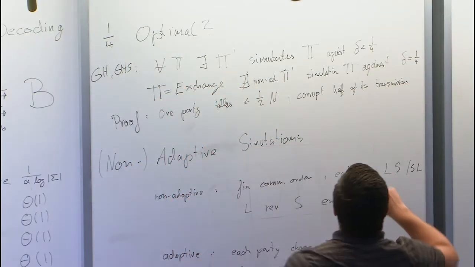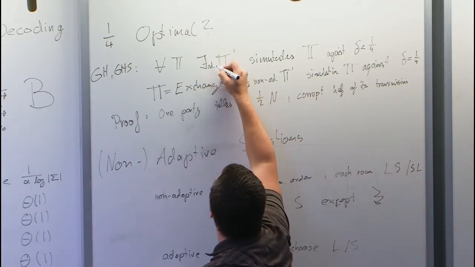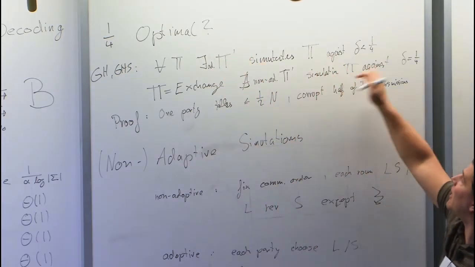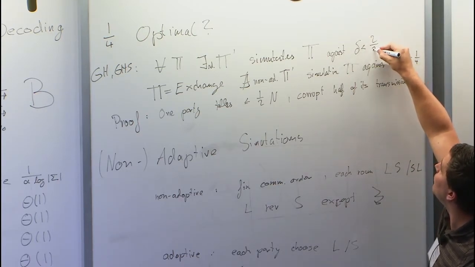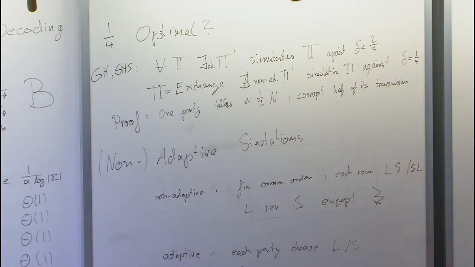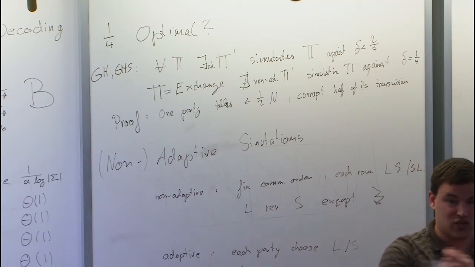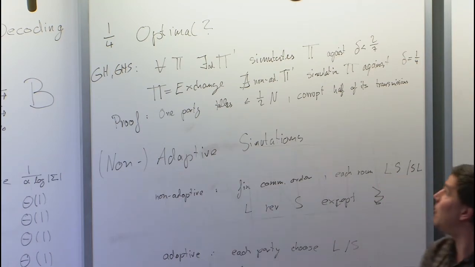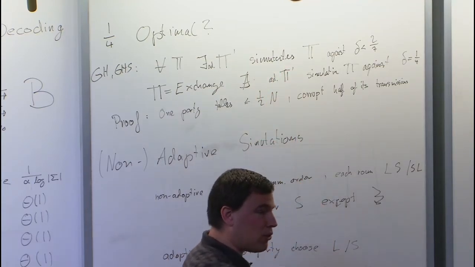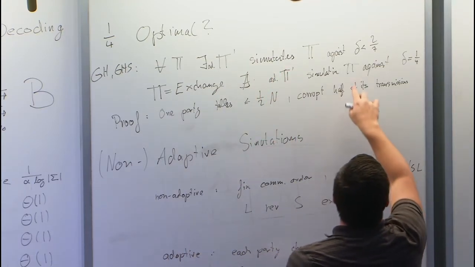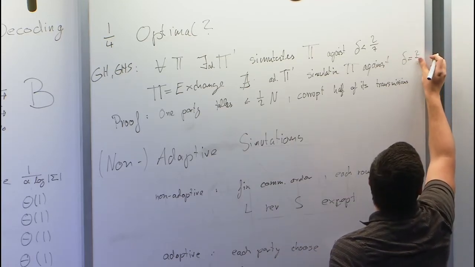For every protocol pi, there exists an adaptive pi prime, which simulates pi against any error rate smaller than 2/7. On the other hand, for the simple exchange protocol, I claim no protocol whatsoever, adaptive or non-adaptive, can simulate the exchange protocol with an error rate of exactly 2/7.